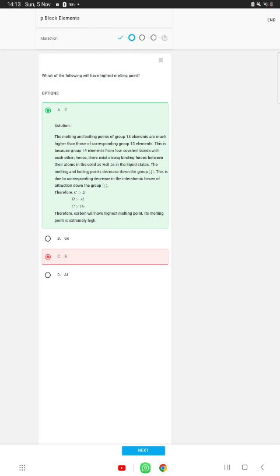This is because group 14 elements form 4 covalent bonds with each other, hence there exist strong bonding forces between their atoms in the solid state as well. The melting point decreases down the group, due to the corresponding decrease in interatomic forces of attraction. So carbon is the highest.